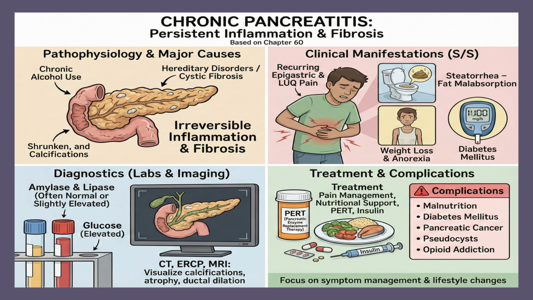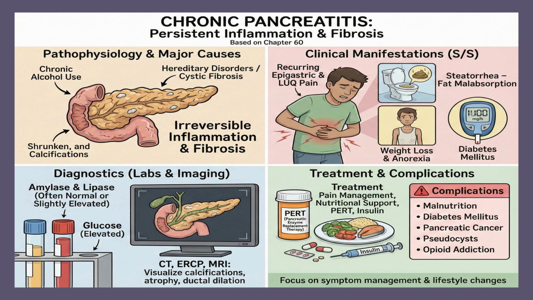Pathophysiology is that chronic inflammation results in fibrosis of the pancreas, which progressively impairs its ability to produce essential digestive enzymes for fat and protein digestion, as well as hormones vital for glucose regulation.